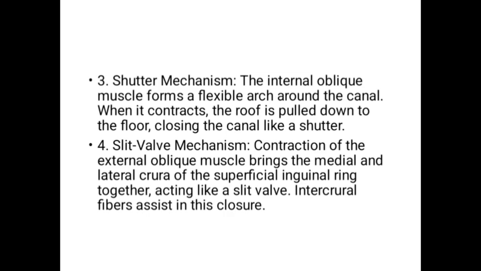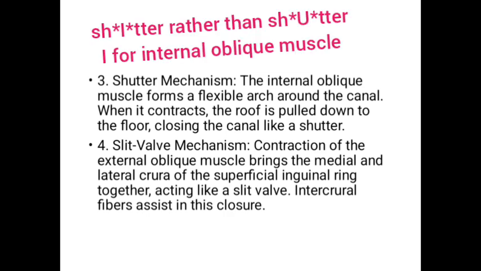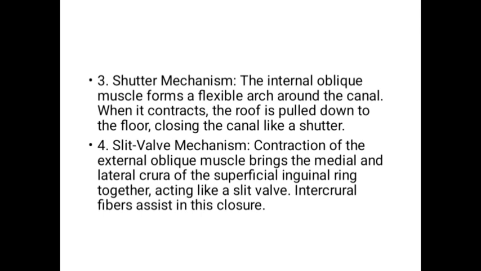The next is the shutter mechanism. The internal oblique muscles form a flexible arc around the canal. When it contracts, the roof is pulled down to the floor, causing the canal to shorten. So these mechanisms help to maintain stability of the canal.